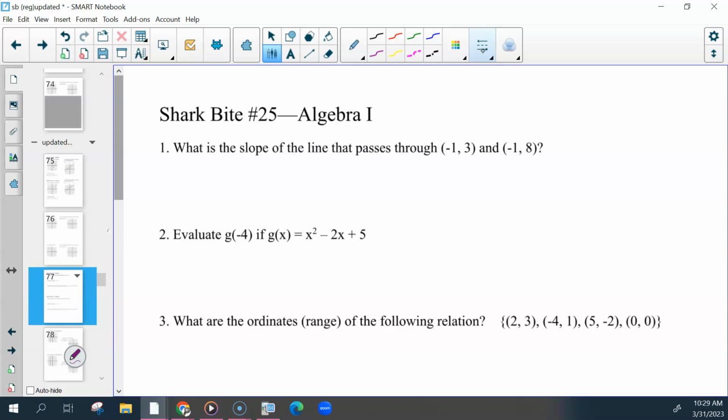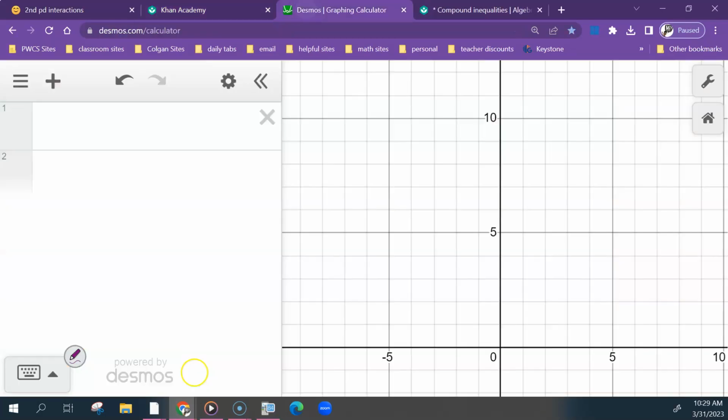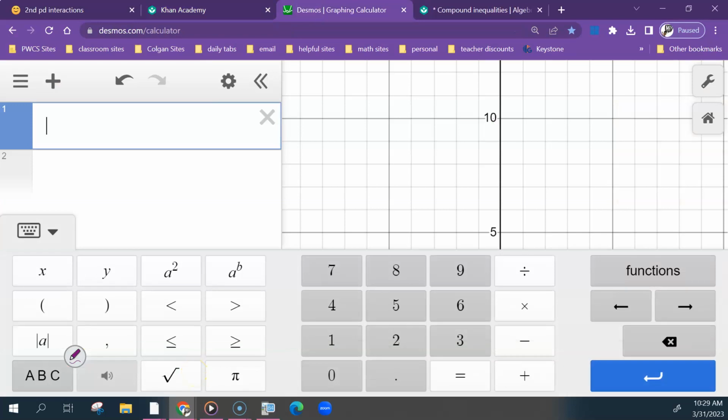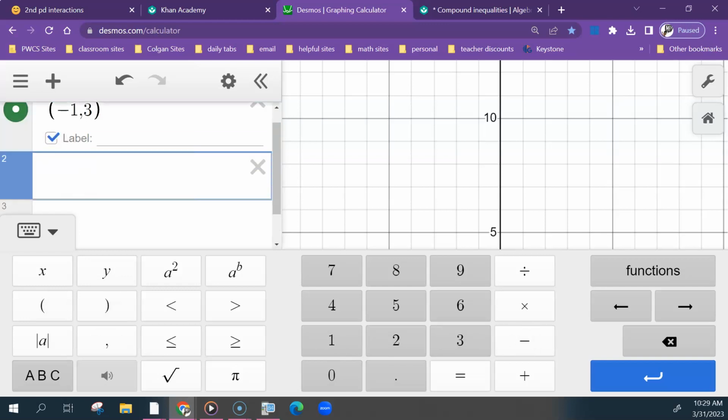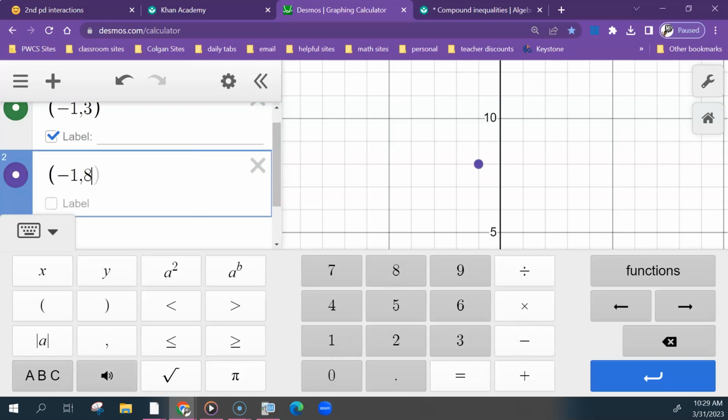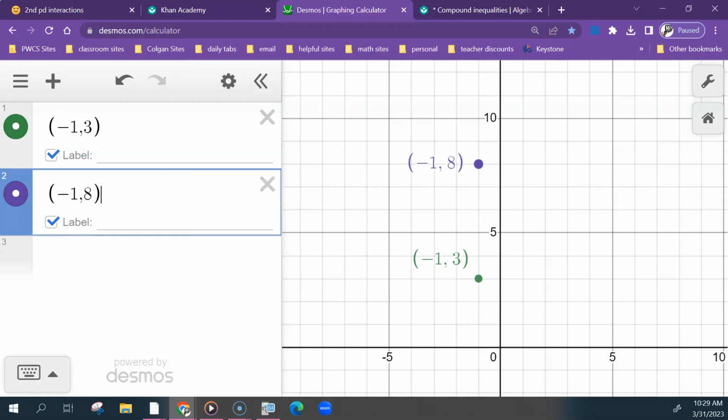So, yes, you could do the first one algebraically, but I'm going to show you on Desmos. If I put in those two ordered pairs, and -1, they are going to fall on the same vertical line.